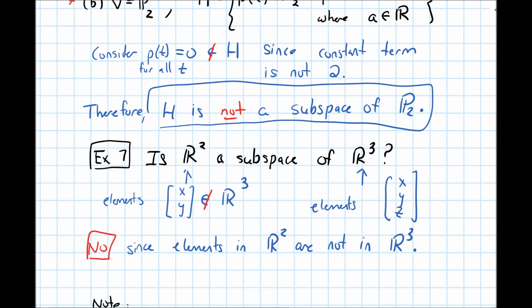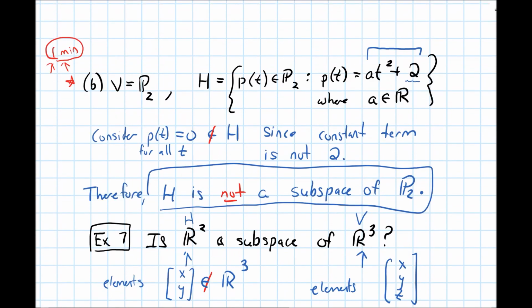And this is a very subtle point, so I'd encourage you to pause the video, even rewatch it and think about it. For something to be a subspace, for some set H to be a subset of some vector space V, I need the things that are in H to be in V in the first place.